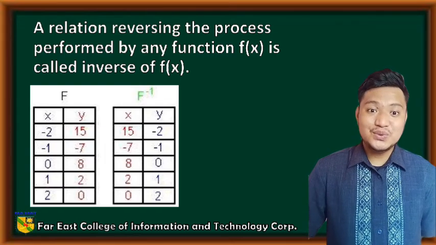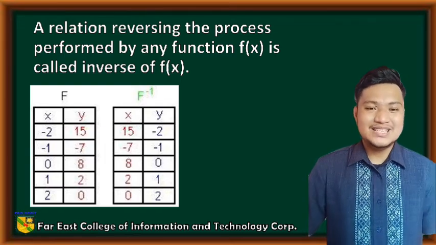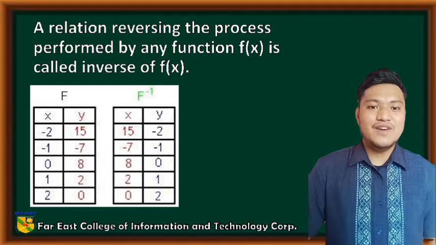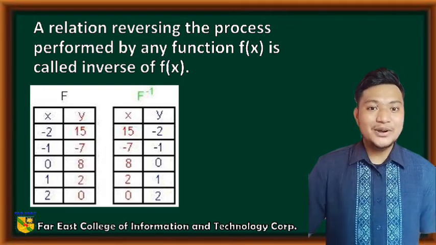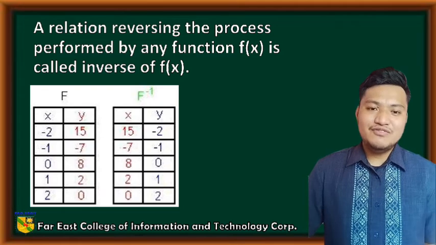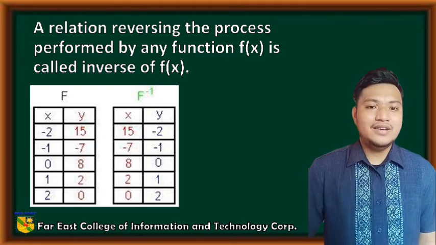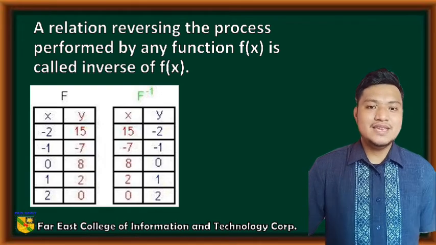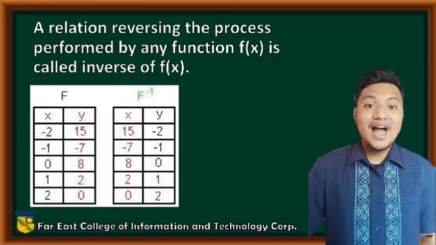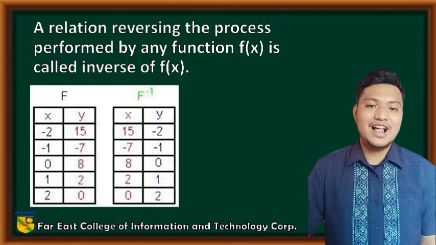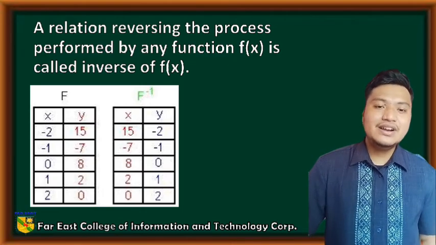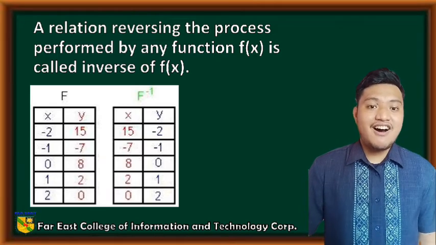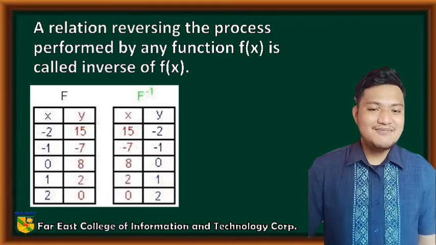So how do we inverse them? You simply exchange the values of x into values of y and vice versa. If you inverse them, the x values become y values, and the y values become x values. In the second picture, the x values are 15, negative 7, 8, 2, and 0.